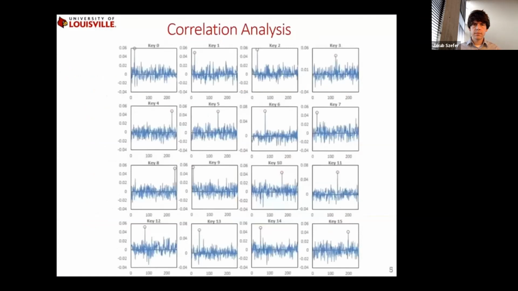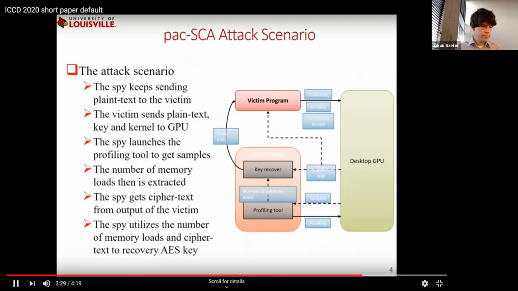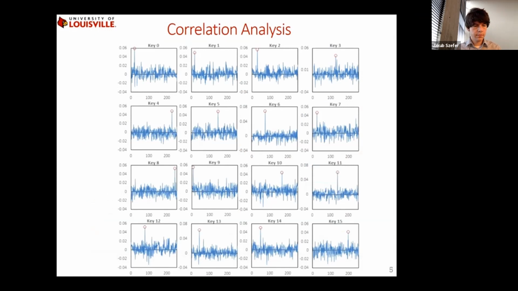We have implemented our attack based on pac-SCA, and we run it on real GPU processors. We have collected some results. This shows the results of correlation. We ran it for 16 keys, and we find that there is very strong correlation for all 16 cases.